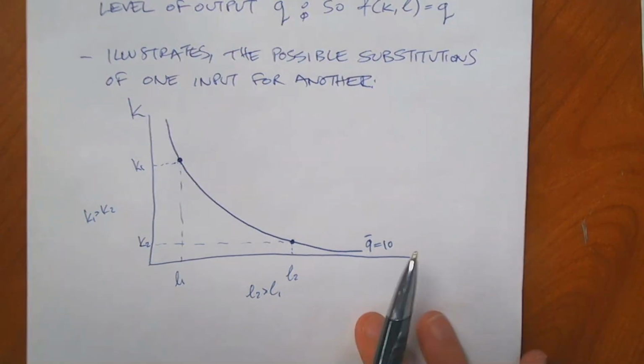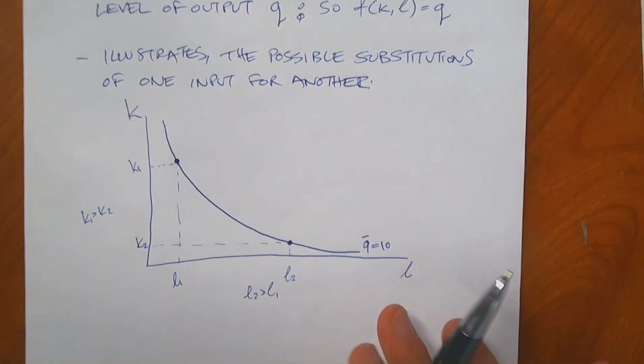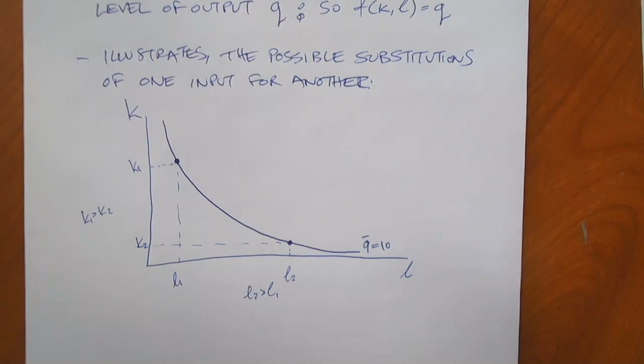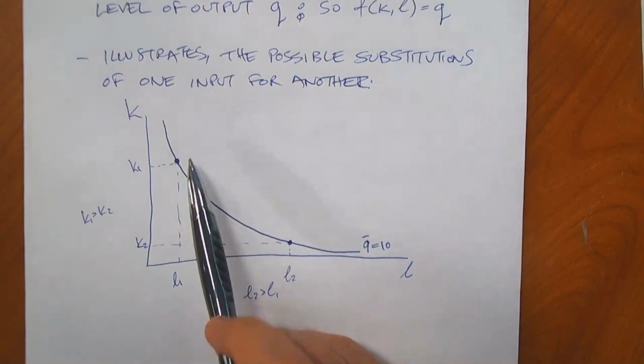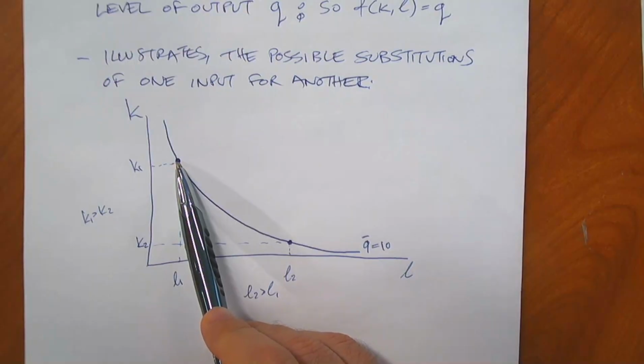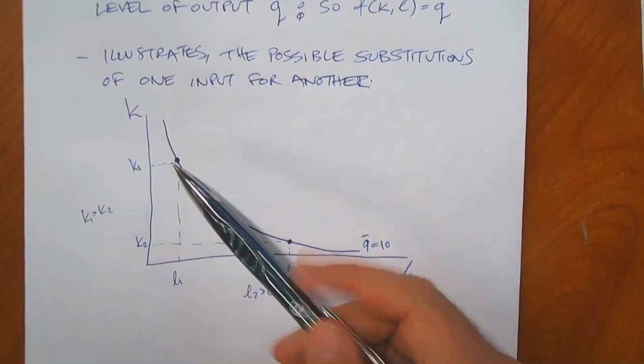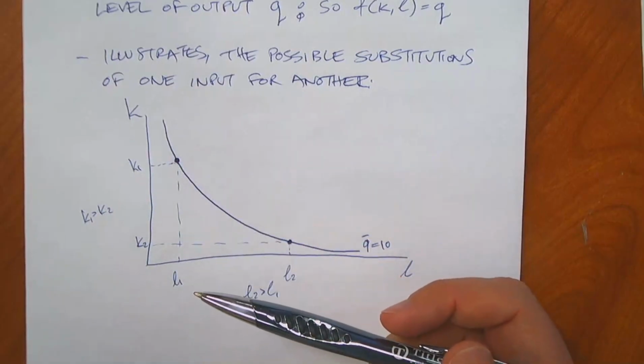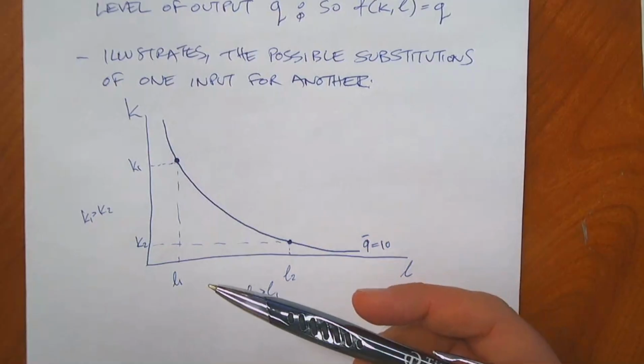Notice here what is happening in terms of the capital intensiveness or the labor intensiveness of the production process. So let's look at the first combination of capital and labor. What would you call that point, that of a choice of hiring inputs? High capital, low labor. So can we call that capital intensive?